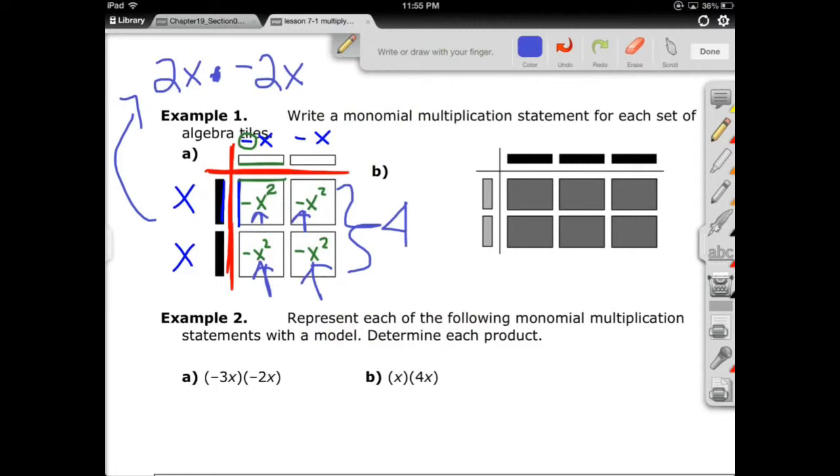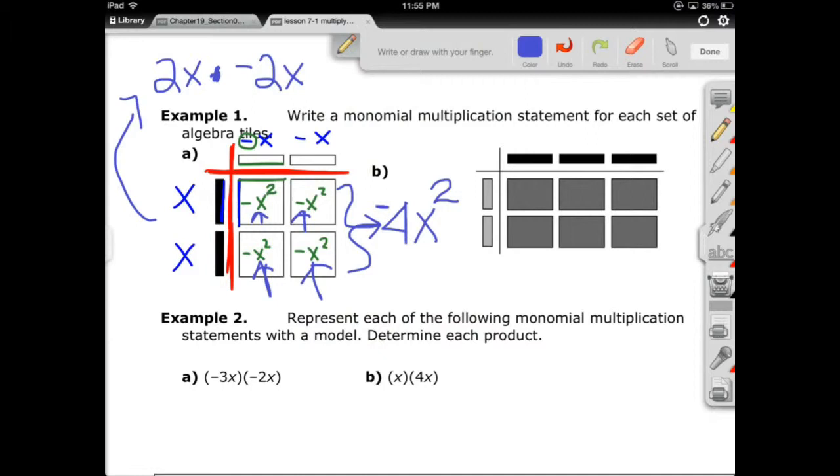The coefficient's 4. And it's negative. The color is a light color. So we say, well, there's 4 light colored ones. So there's 4 with a negative value. And we say we have negative 4x squareds as a result. Okay, so that's our answer.